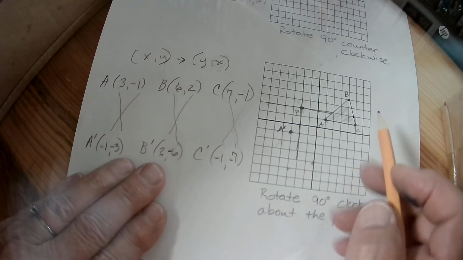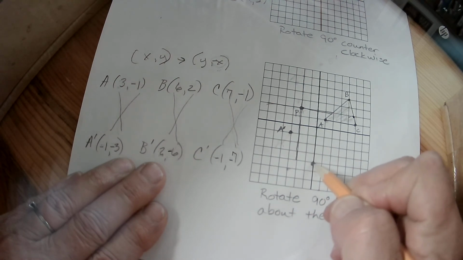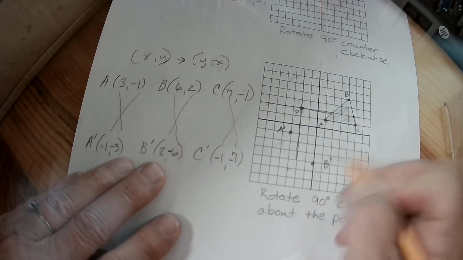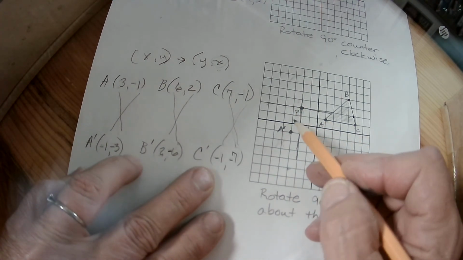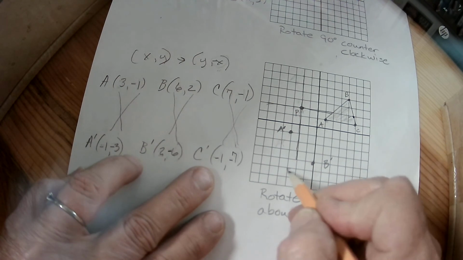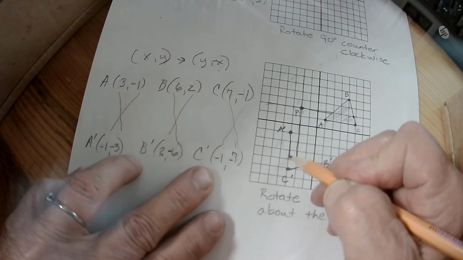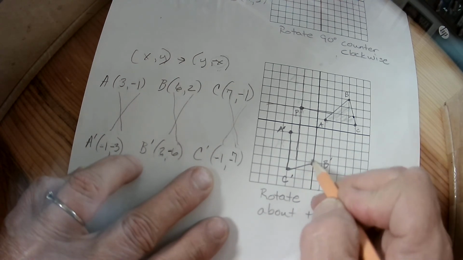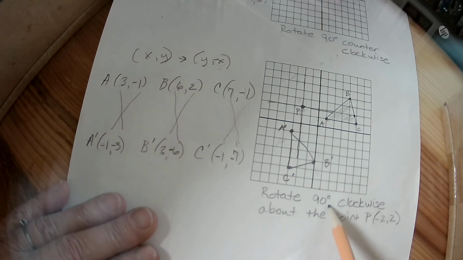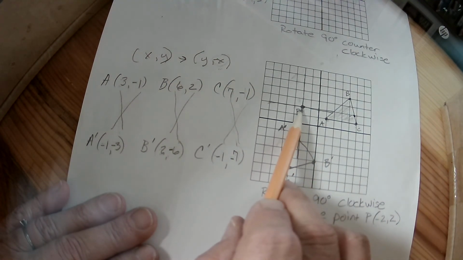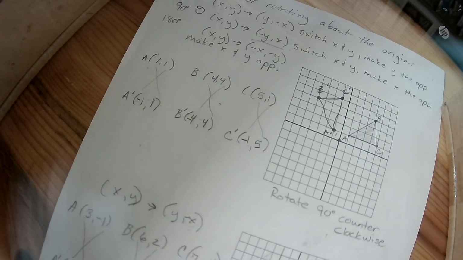B prime is at 2, -6. And C prime is at -1, -7. So now, this is the location of my image after I've rotated 90 degrees clockwise with this as the center of rotation. And that's it for 1.9.